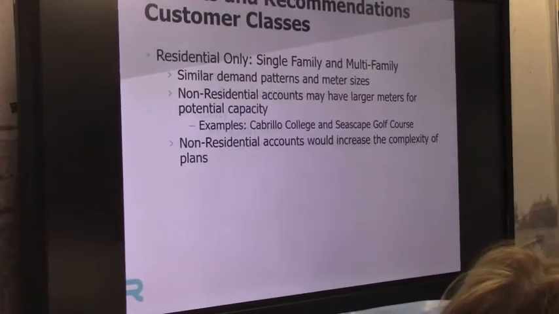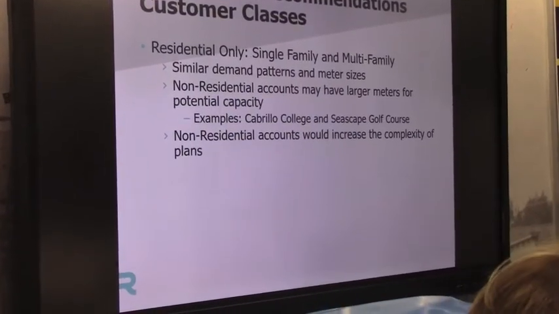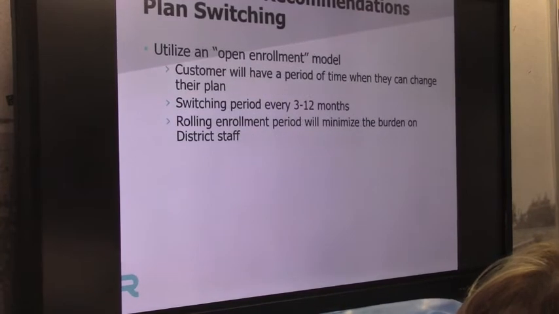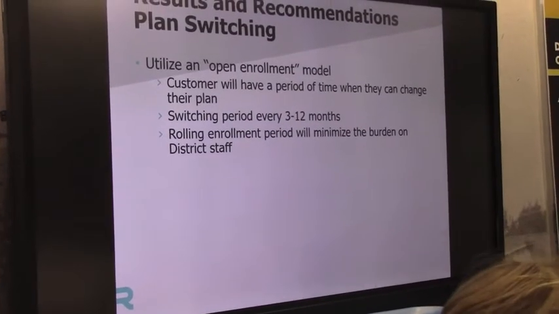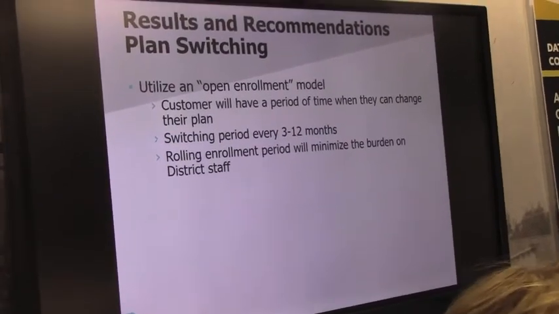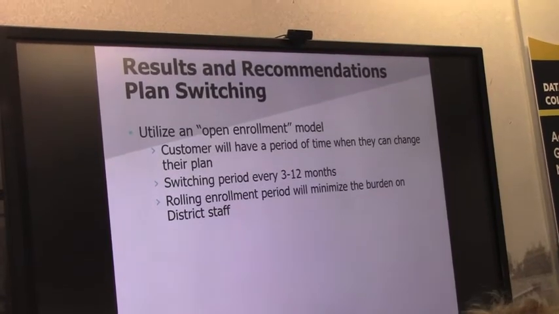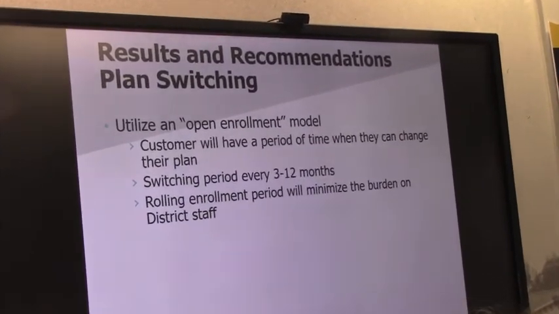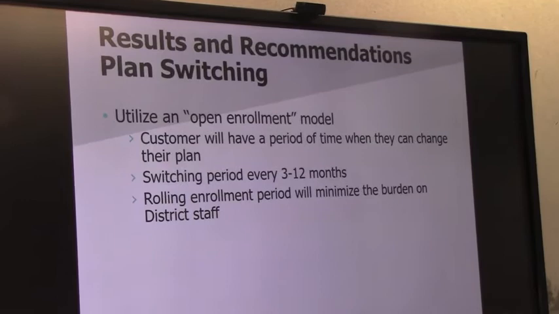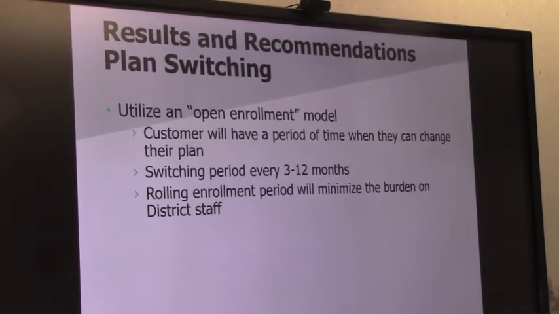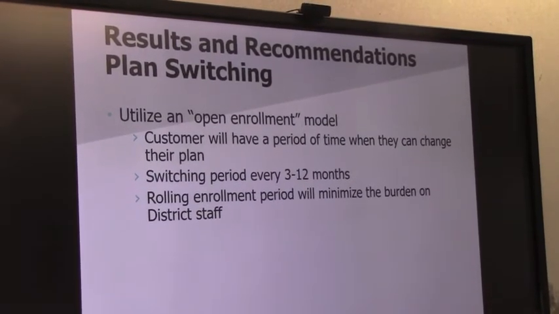Then they took a look at CustomerSelect, and we remember that Sanjay was recommending narrow plan widths, and that when a customer exceeded their selected plan, they would get bumped up to a higher plan.